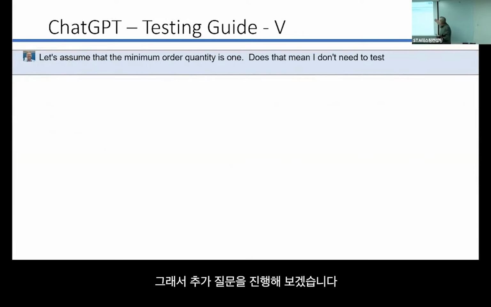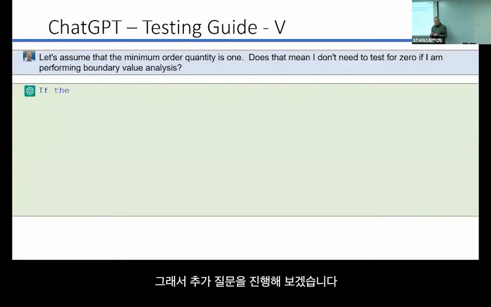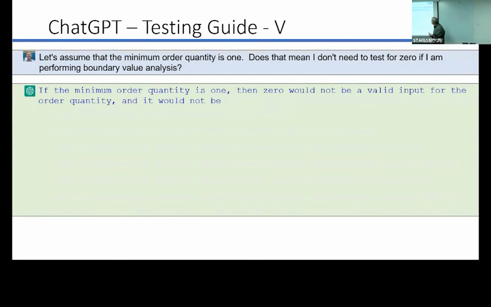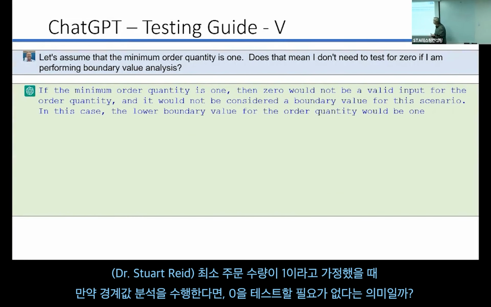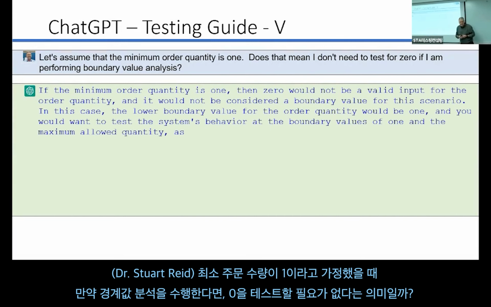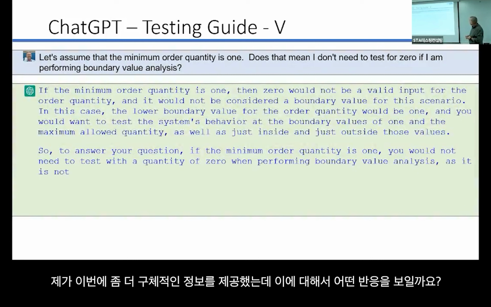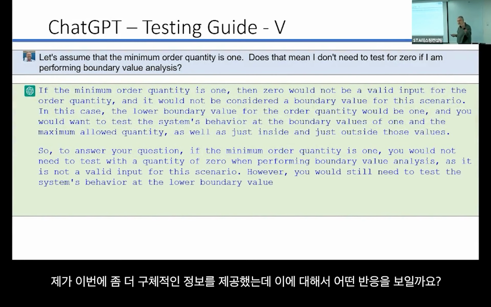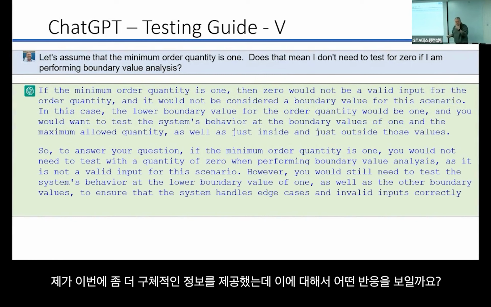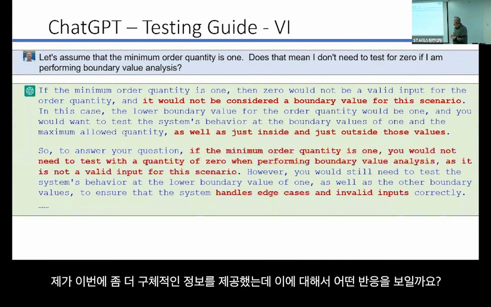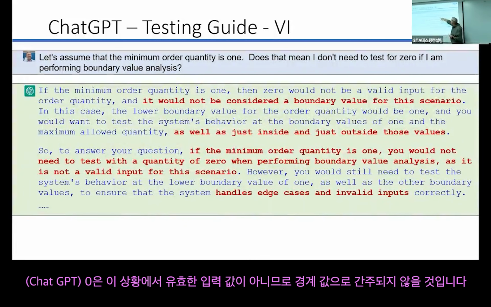So let's help it. Let's agree that the minimum order quantity is 1, like it suggested. Does that mean I don't need to test for 0 if I'm performing boundary value analysis? So I'm giving it a real clue here, but what does it say? 0 would not be a valid input for the order quantity, and it would not be considered a boundary value for this scenario.